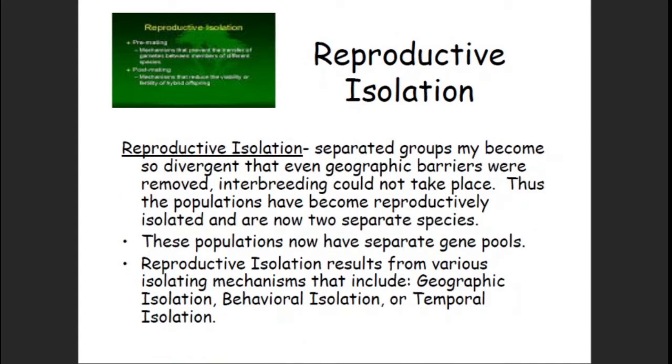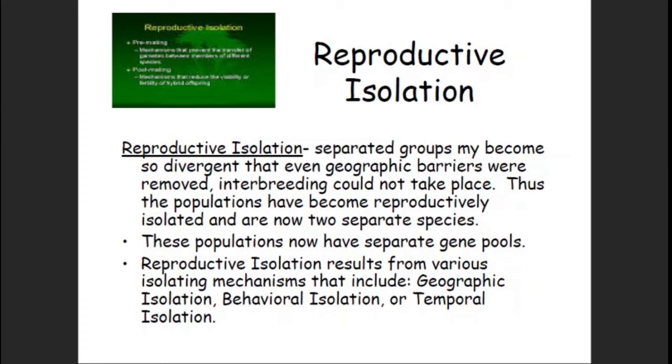Next is reproductive isolation. Separated groups may become so divergent that even when geographic barriers are removed, interbreeding could not take place. Say, in the earlier case, from a mainland a new island has been formed, and over a course of time, because of mutation or some other reason, these two populations have evolved differently.